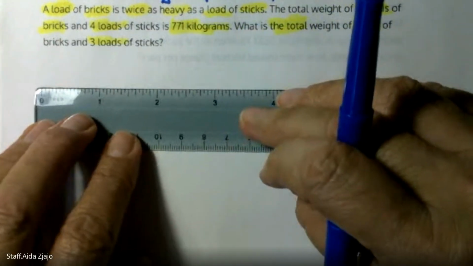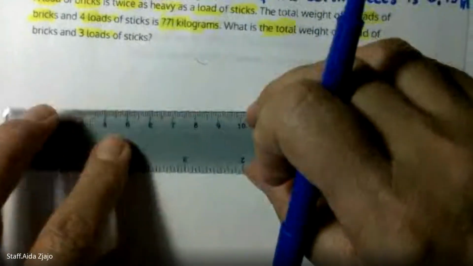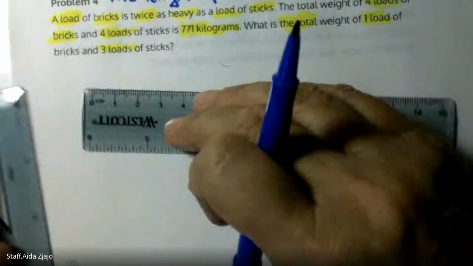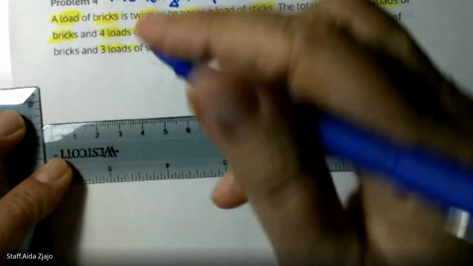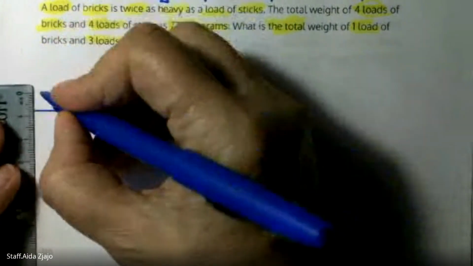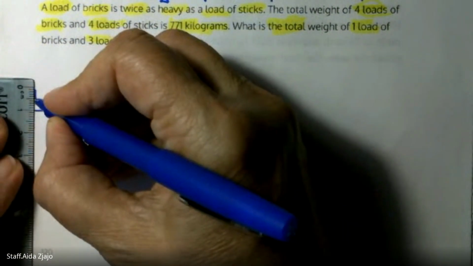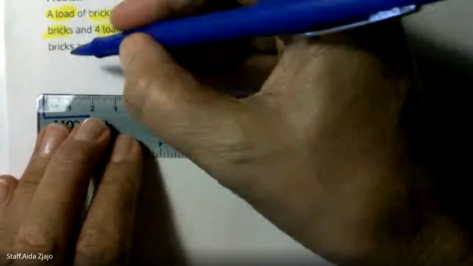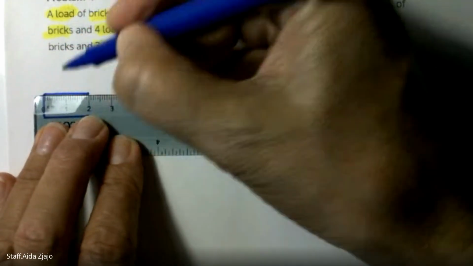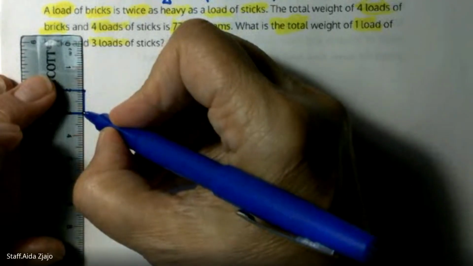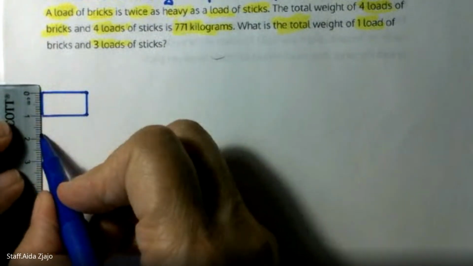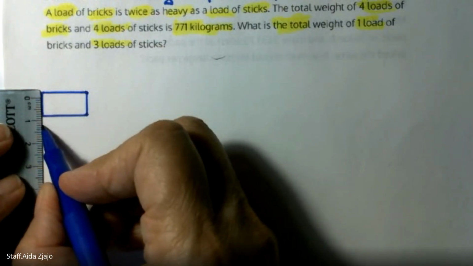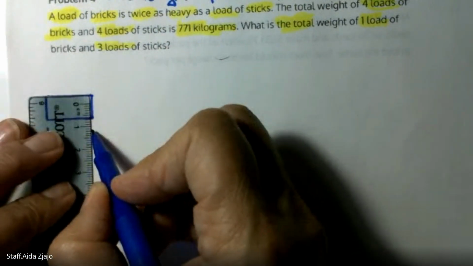If we think, let's see, how about 2 centimeters to be one of the loads? So I'm going to create this 2 centimeters by 1 centimeter. If that is 1, let's make one more down a little further.